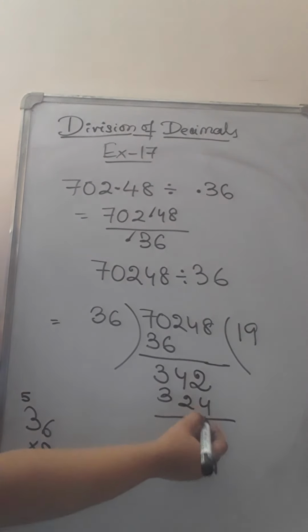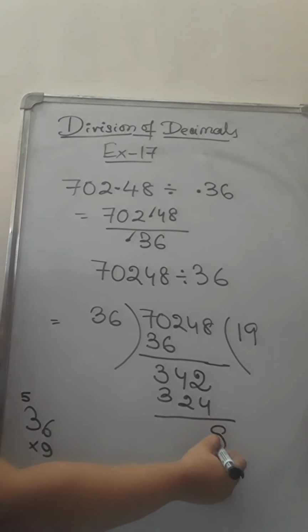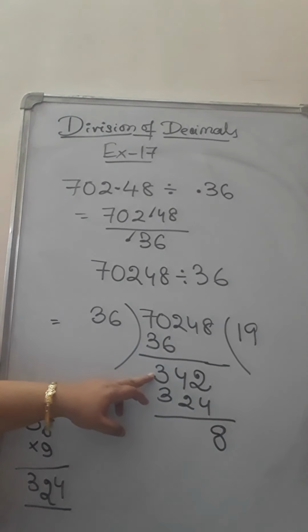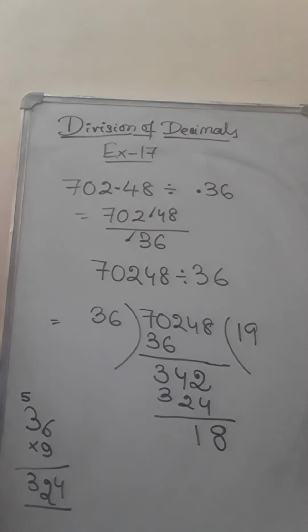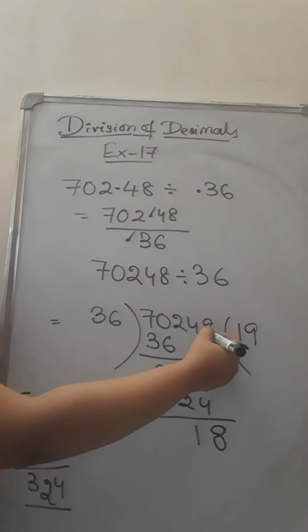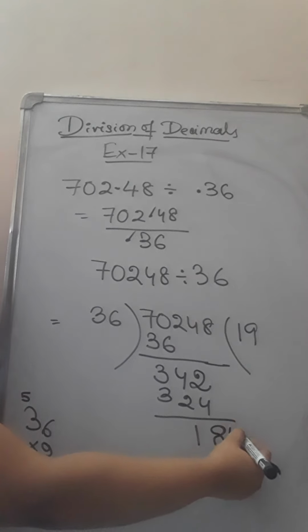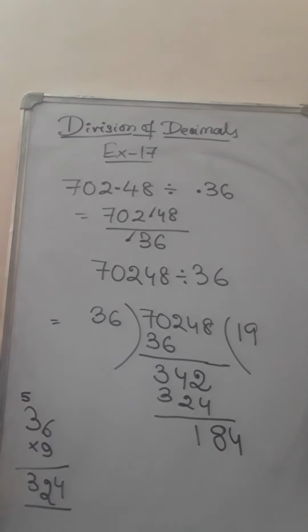Now the remainder: subtract 324 from 342, so it gives 18. Now you have to take the next number. 18 cannot be divided by 36, so you take the next number.